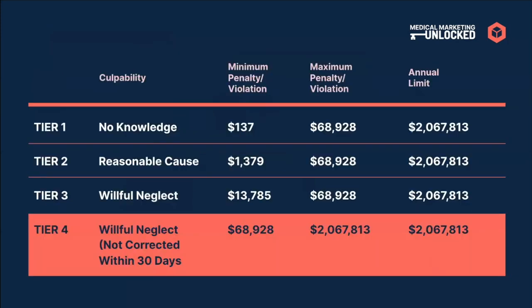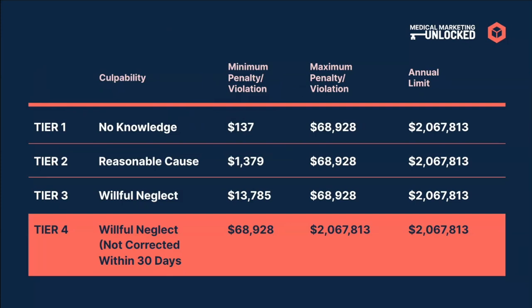The penalties can be pretty enormous. As you see here, this is updated for 2024 penalties. Tier 1, if you had no knowledge and it didn't really affect anybody, but somebody uncovered a breach, but it didn't really get out. It was just exposed, right? You might only have a $137 penalty if it wasn't egregious.